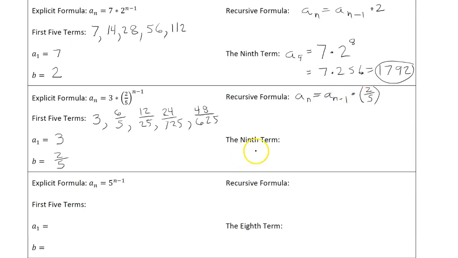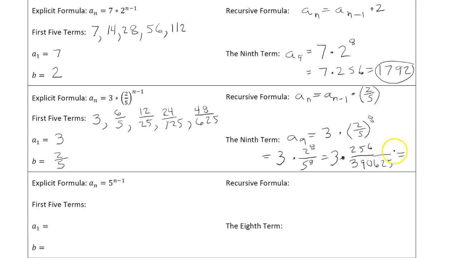To find the 9th term, however, we will want to use the explicit formula. So a sub 9 equals 3 times 2/5 to the 8th power. Remember to do the exponent first. So we write 3 times 2 to the 8th over 5 to the 8th. Now break out the calculator. 3 times 256 over 390,625.